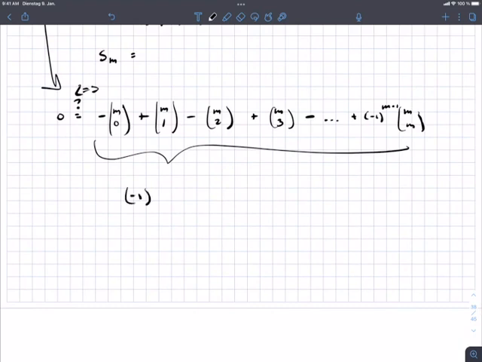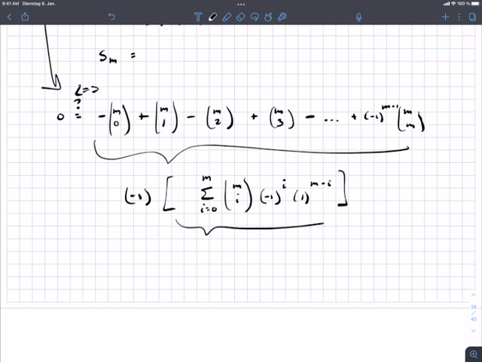If I take a minus 1 out, I can write this as the sum of m choose i going from 0 to m, and then I've got a minus 1 raised to the i, and then I can think of there being a 1 here raised to the m minus i.